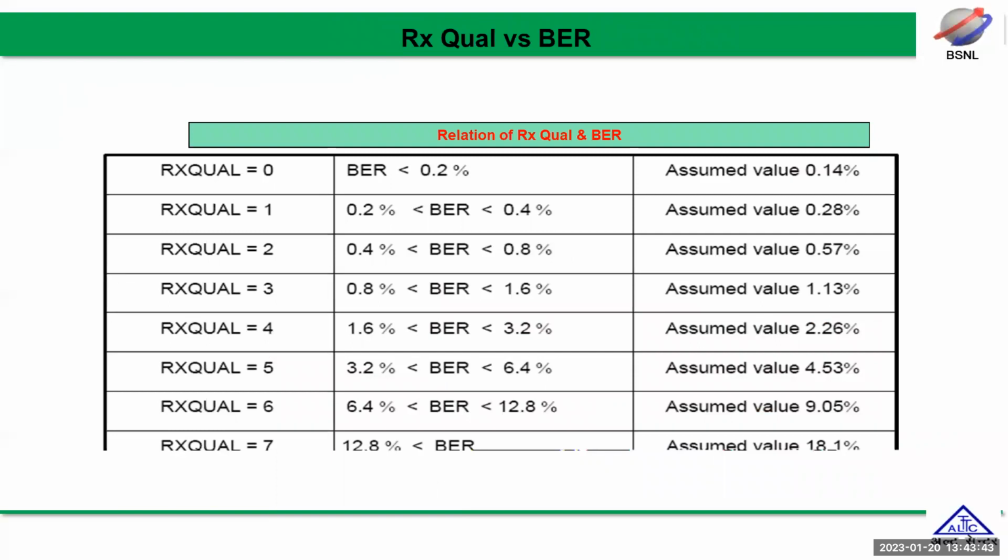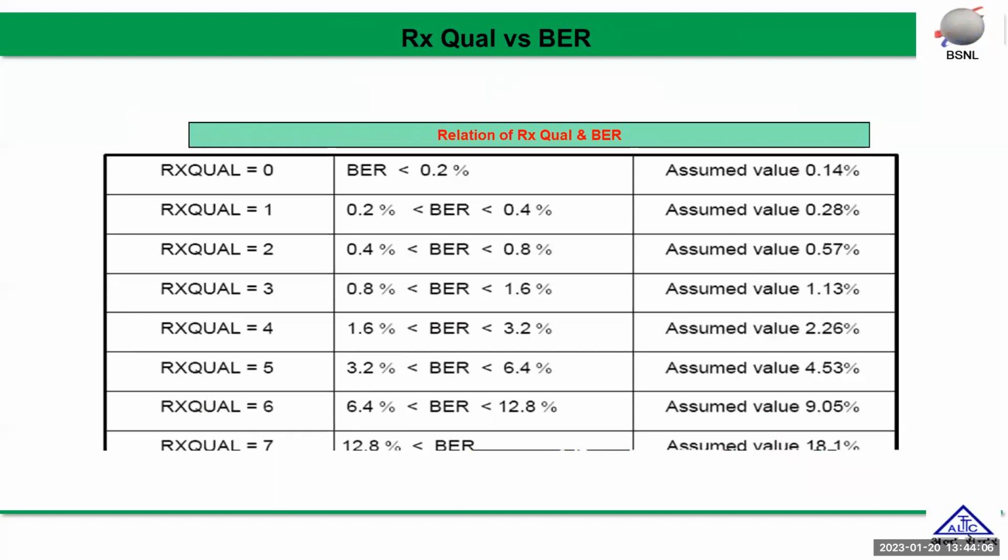The next parameter is RX quality. RX quality values range from 0 to 7, depending on the bit error rate. When the bit error rate is less than 0.2%, RX quality is 0. When the bit error rate is from 0.2% to 0.4%, RX quality is 1.